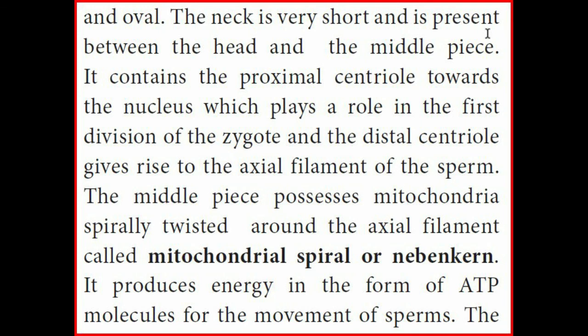In between the proximal and distal centriole, the mitochondrial spiral or nebenkern is present. This produces energy in the form of ATP. Further, the ATP helps for the movement of sperm, children.